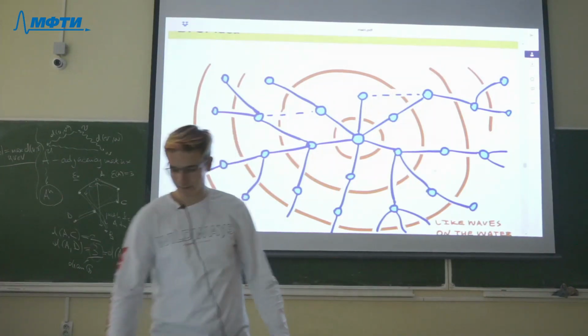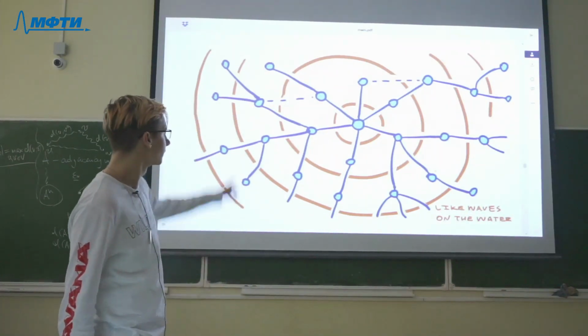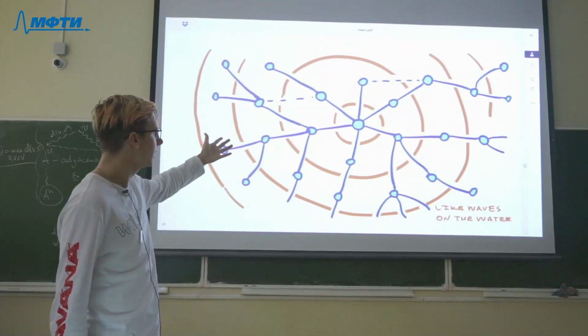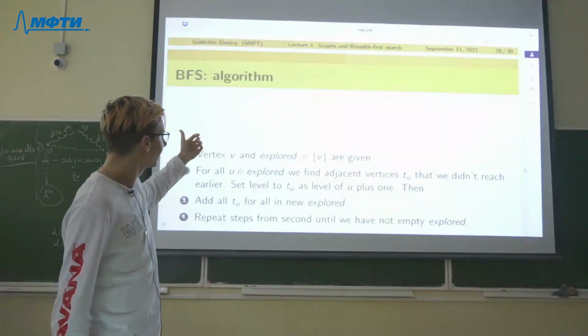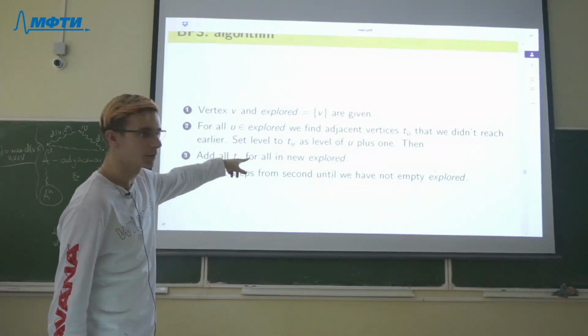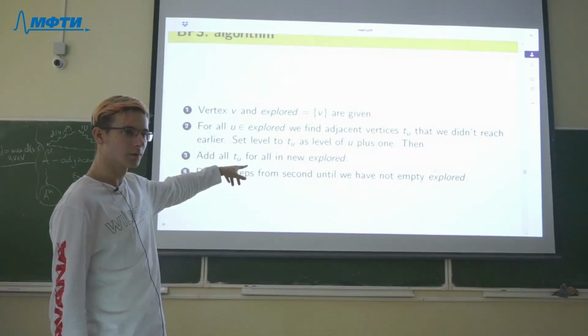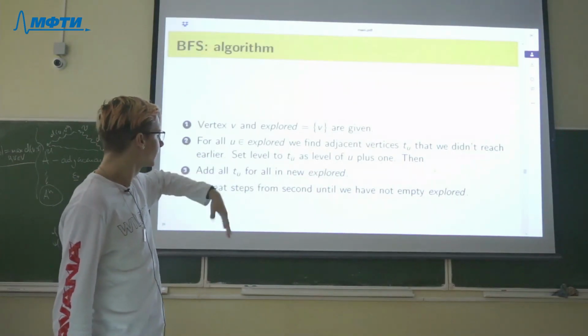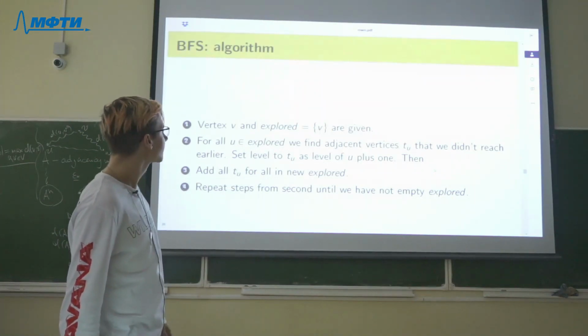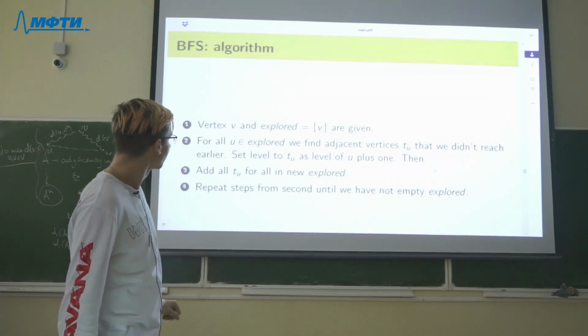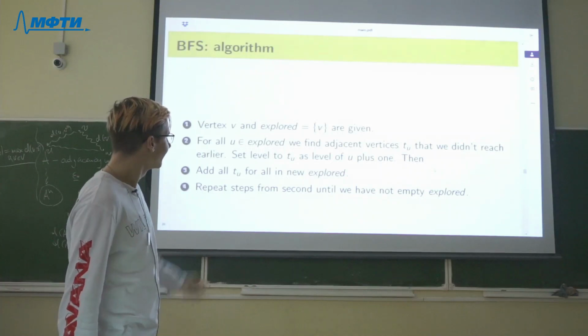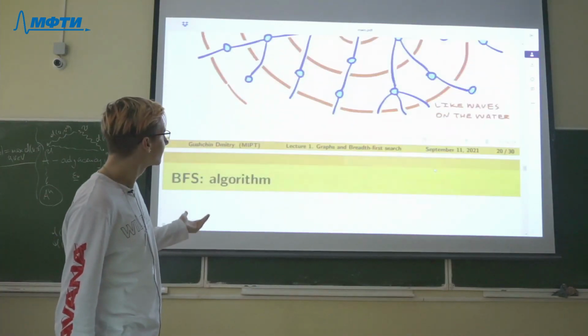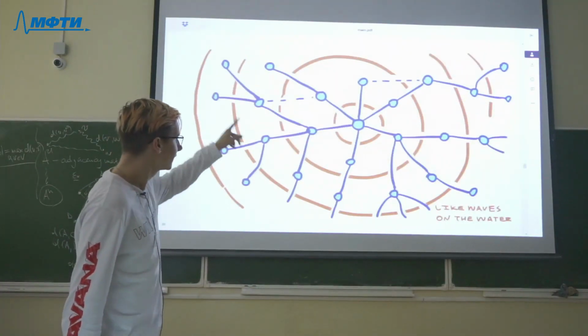Then we say that the distance to them equals 1 and add them into a new explore array, and pop out vertex V.